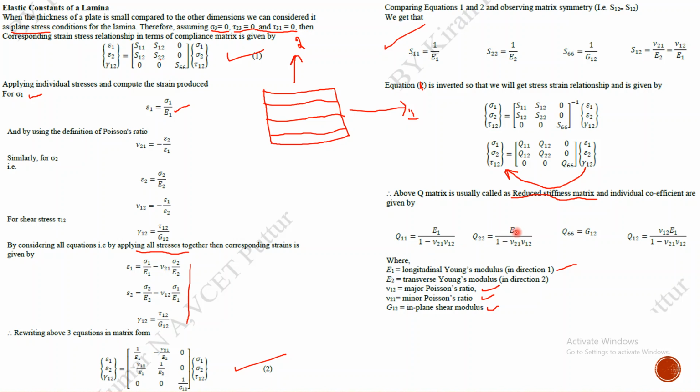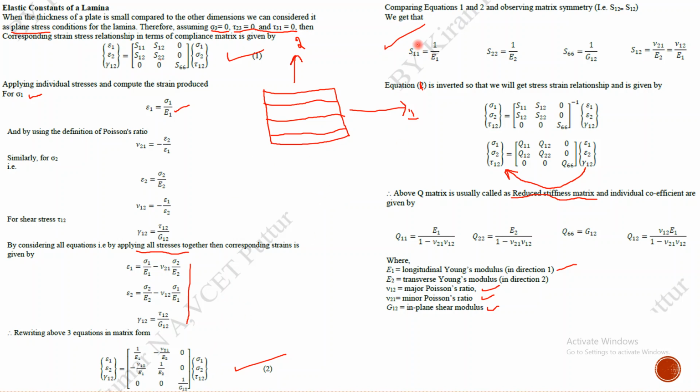Okay, and similarly Q22 is E2 divided by 1 minus nu21 into nu12, where Q66 is equal to G12 and Q12 is equal to nu12 multiplied by E2 divided by 1 minus nu21 into nu12. Okay, so this is about two things that we learned from this derivation.